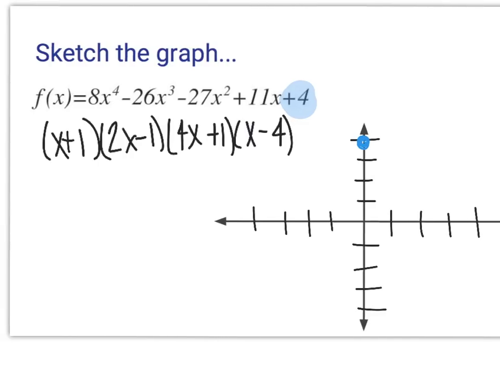Okay, so the other thing that we should know is that if x plus 1 is a factor, remember that means that x equals negative 1 is a 0, so it's going to cross the x-axis at negative 1. And if 2x minus 1 is a factor, it's going to cross the x-axis at 1/2.